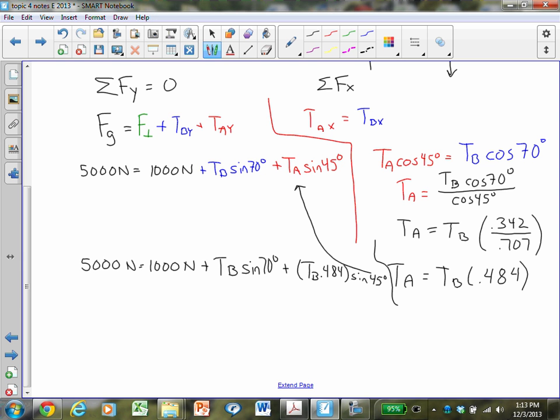So we can now solve it for TB. Subtract over the 1,000, we get 4,000 newtons. Take the sine of 70, that's 0.94, plus let's multiply sine 45 times 0.484 here. See that? 0.34.